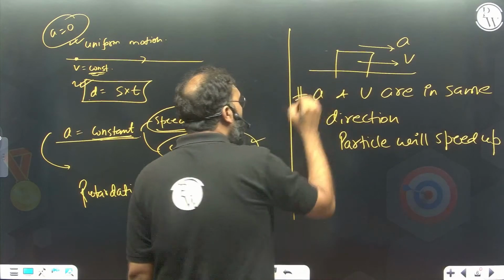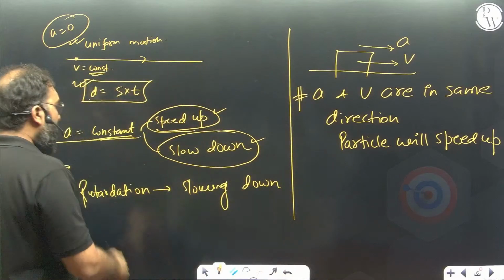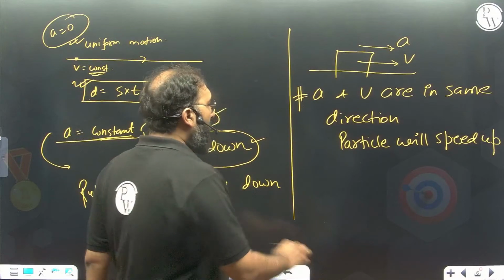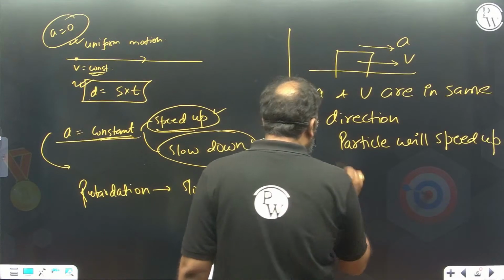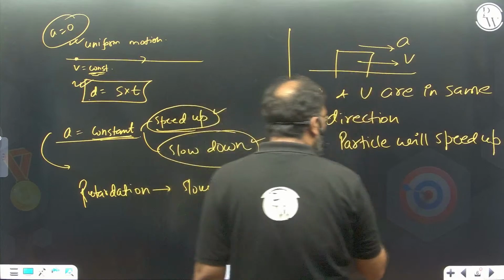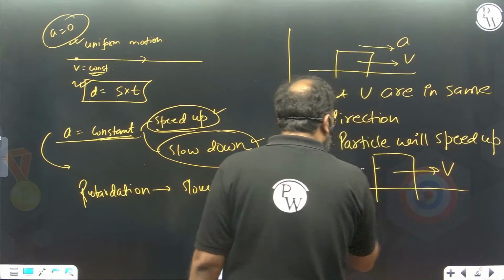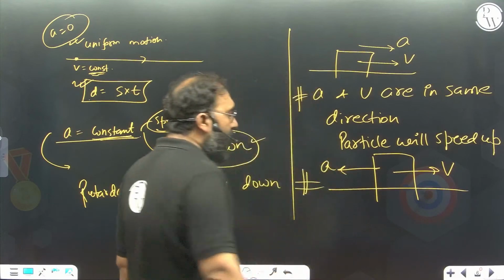Sometimes students get confused. They think that acceleration means speeding up, but that's not correct. Now the other way: this block is moving in this direction and the acceleration is acting in the opposite direction.